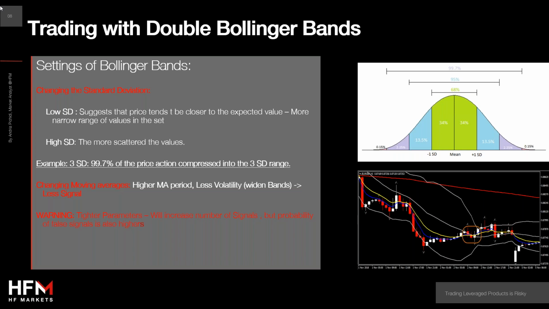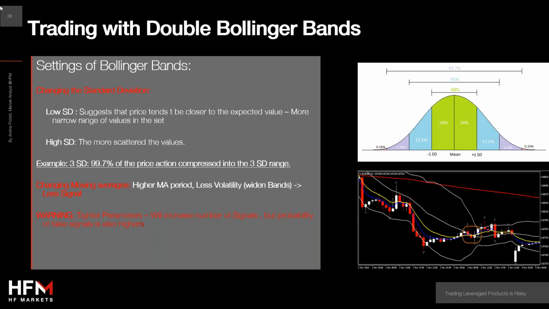We have data, right? For every single indicator, it's taking the historical prices, and through a formula, it gives us some results. The same happens with the Bollingers. So the standard deviation is the measure that we use to see any dispersion of the prices.